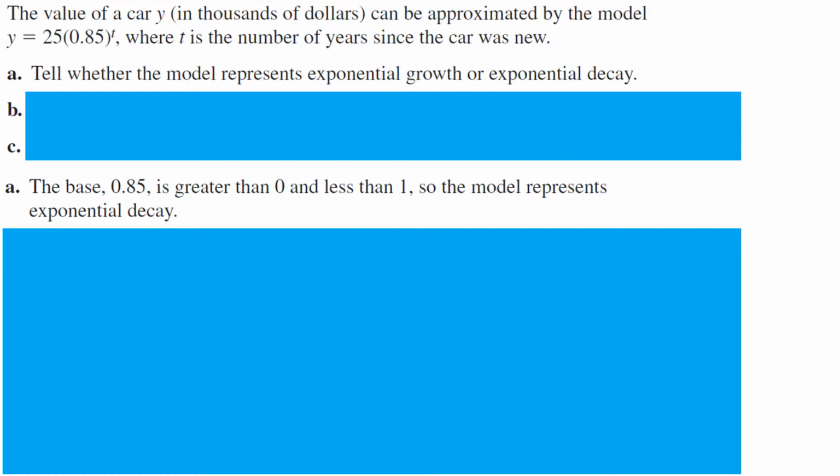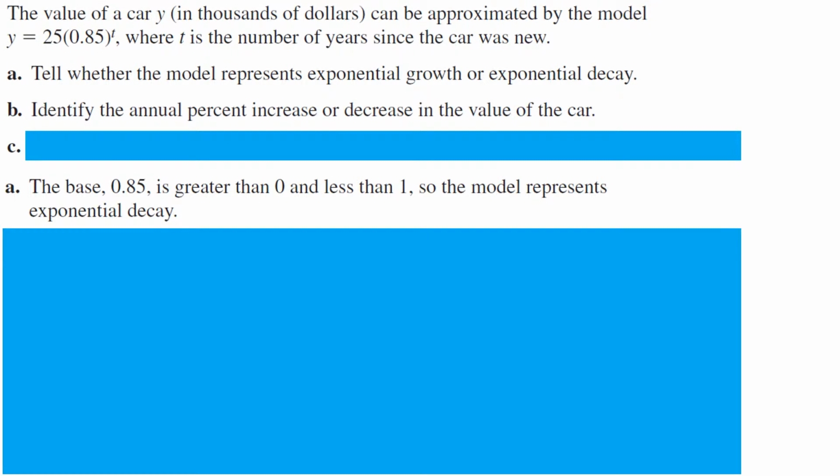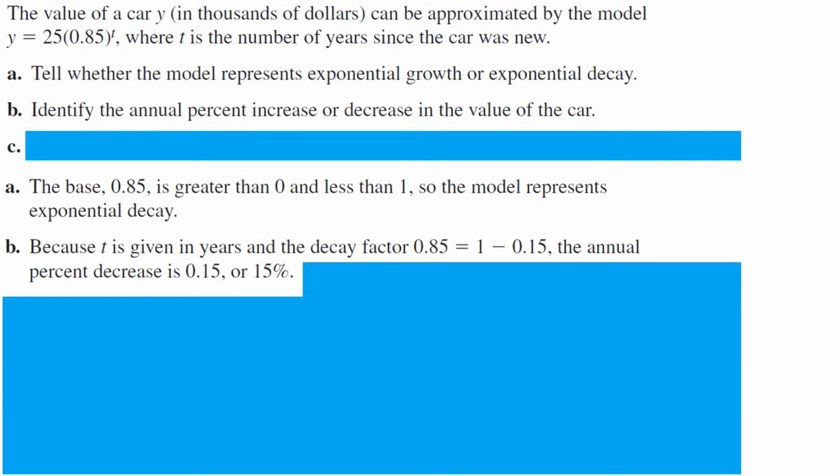Well, 0.85 is greater than 0, but it's less than 1, so it's decay. Percent increase or decrease? Well, one minus 0.15 is 0.85, so we're going down by 0.15 a year, or 15%.